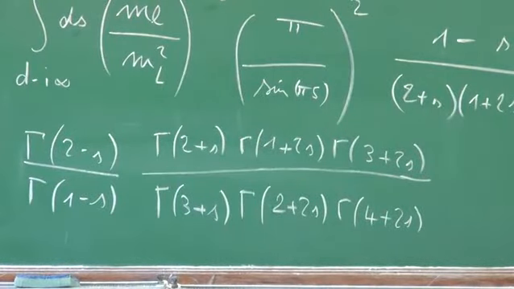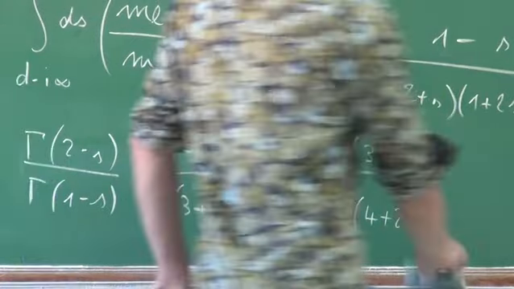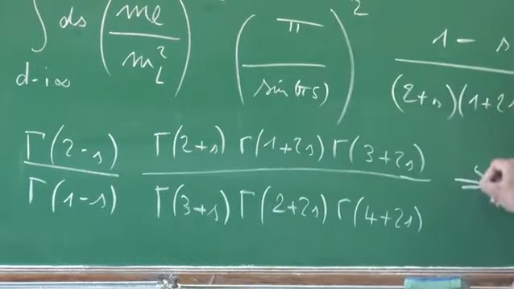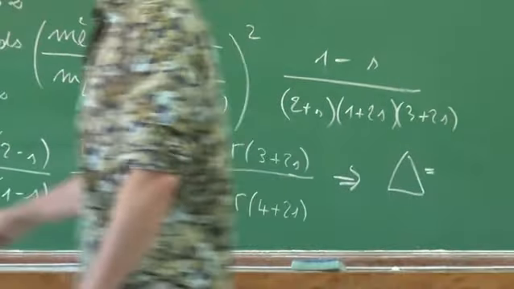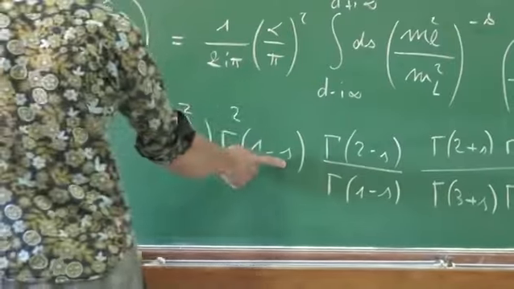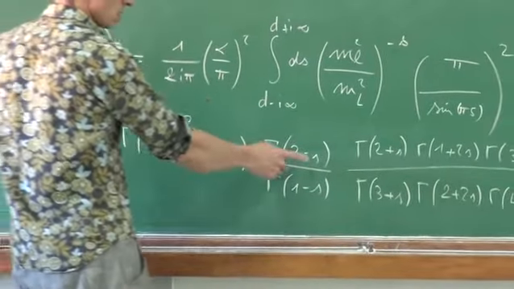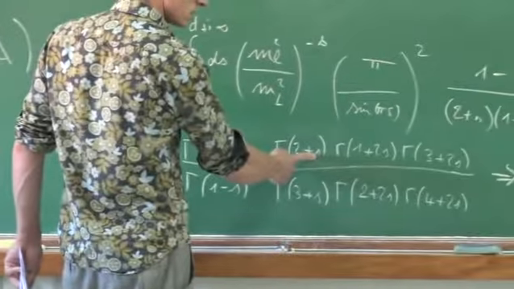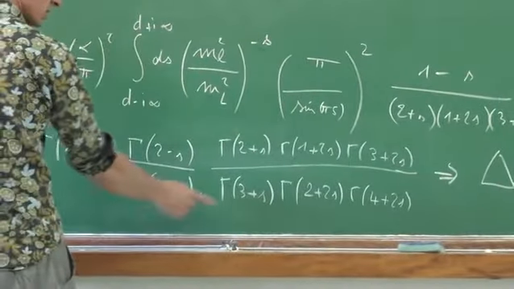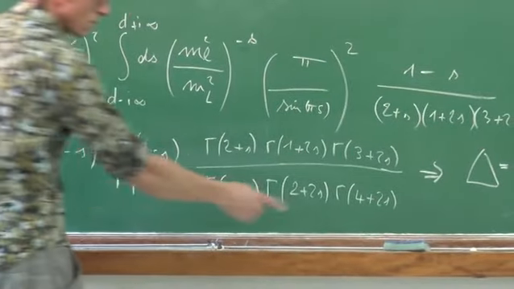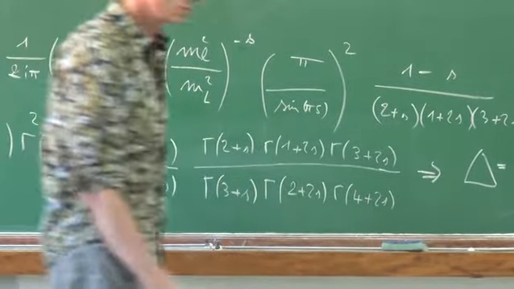Okay, so if I count, I have for delta s minus 2s, 0, minus s plus s, 0, 4s, minus s plus s, 0, minus 4s, 0.